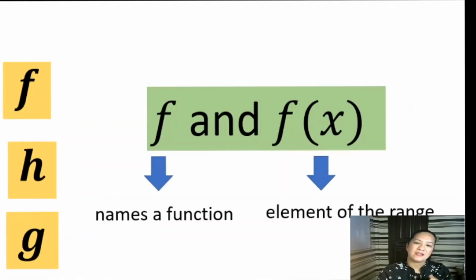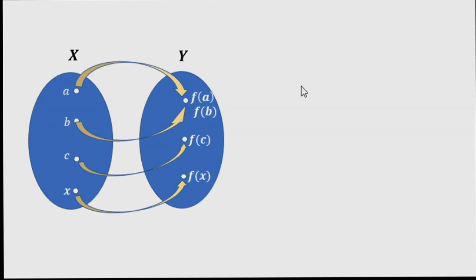Okay, so again, we emphasize that each member of the domain has precisely one image in the range. However, if you look at this figure, you can see that different members in the domain, such as A and B, may have the same image.